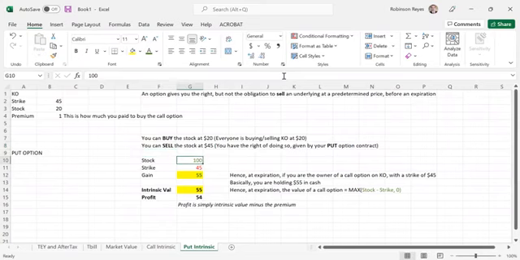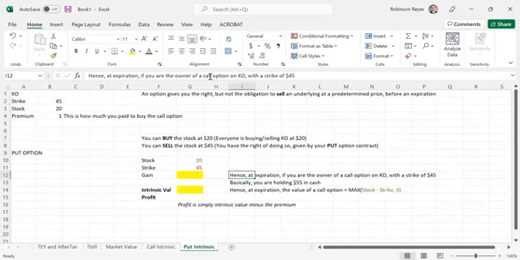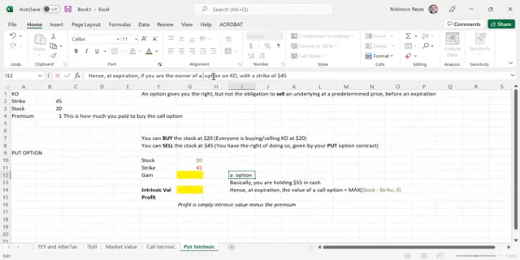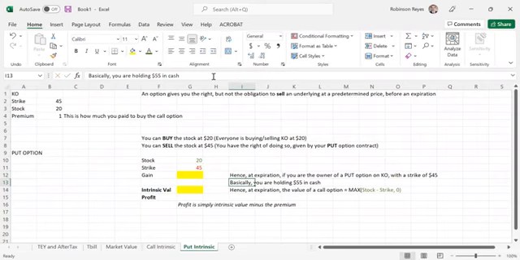So now the stock price is 20 and the strike price is 45. These formulas are the same, but let's do them again. At expiration, if you are the owner of a put option with a strike of 45, how much are you holding?